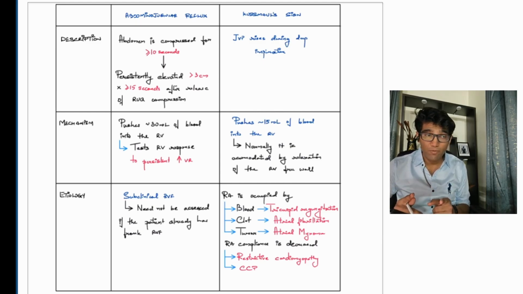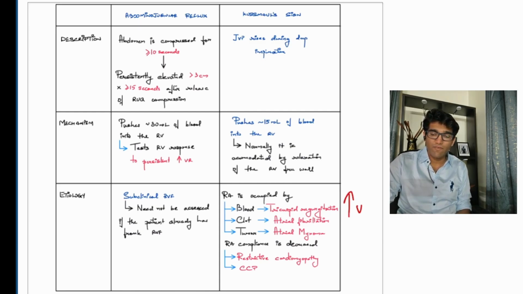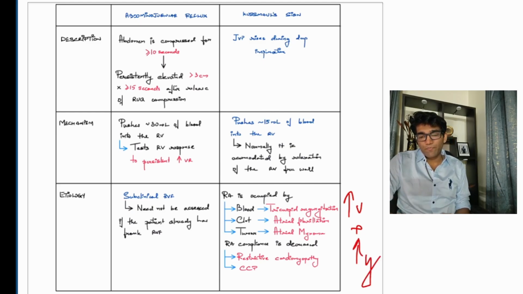And when is there a problem in right ventricular relaxation? During early diastole. So this would correspond to causes of increased V wave plus rapid Y descent, that is, increased Y descent. So these are exactly the same causes that I enumerated there.